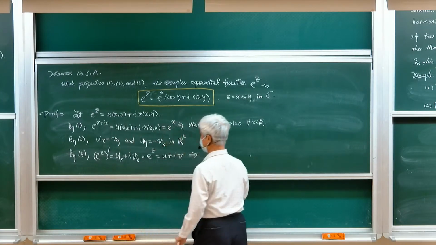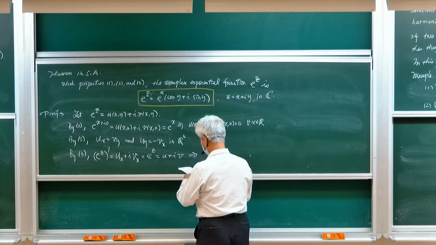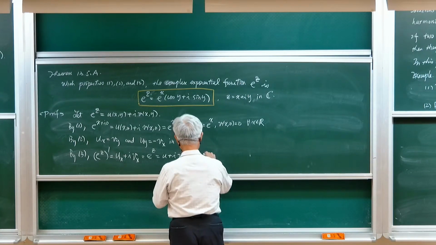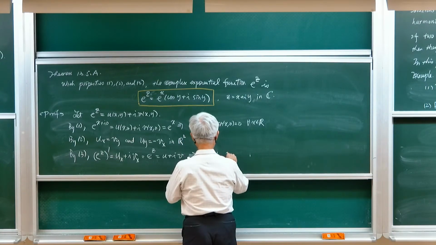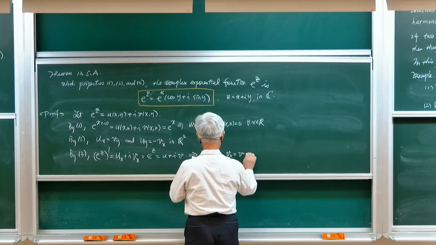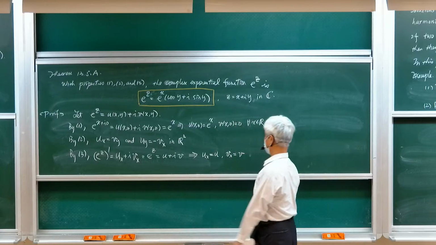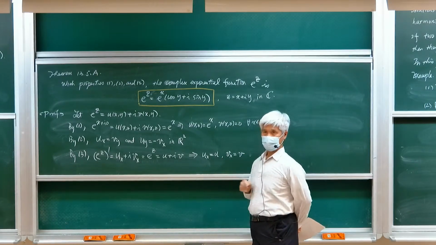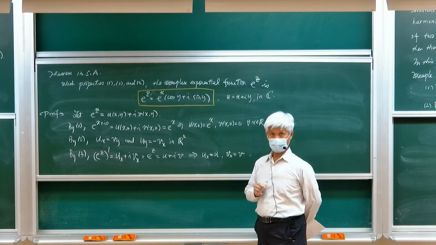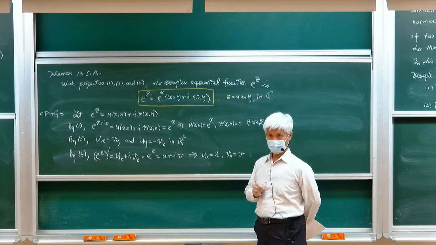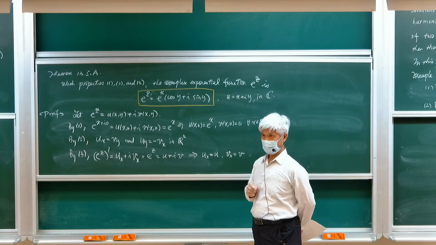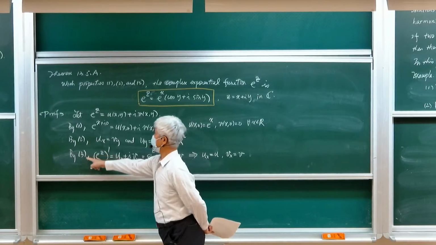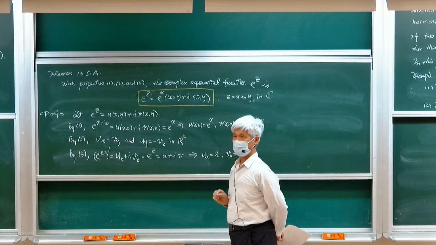So now it implies that we have Ux equal to U and Vx equal to V. So we have two first order partial differential equations. This is from the third property here.